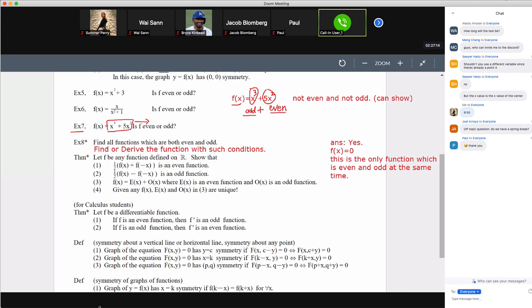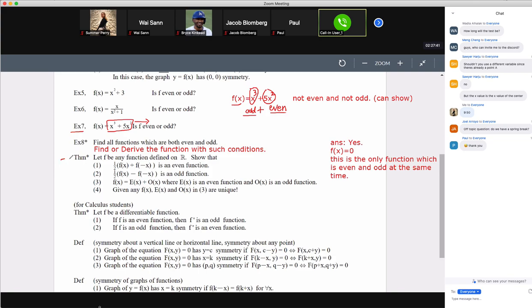This is kind of interesting. A function which is not even or odd is actually a sum of an even function and an odd function. So the question is, is this common? And the theorem that shows up below example 8 is exactly what we're going to talk about.